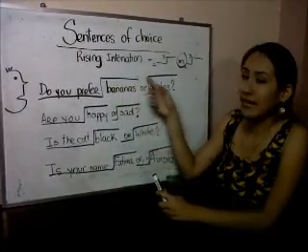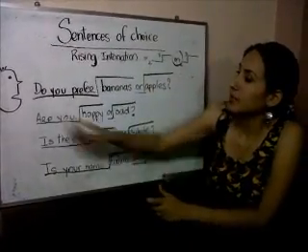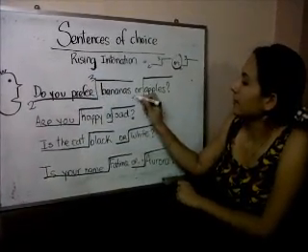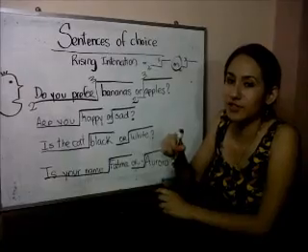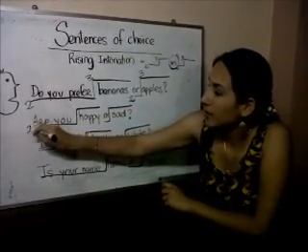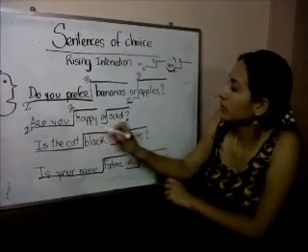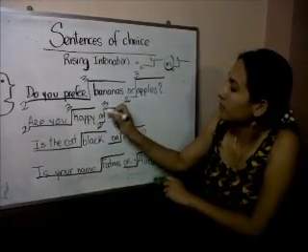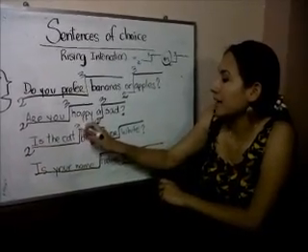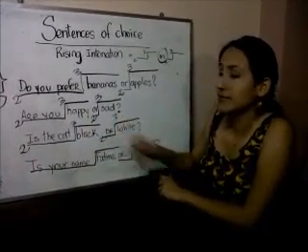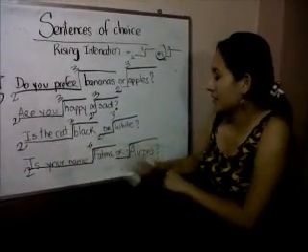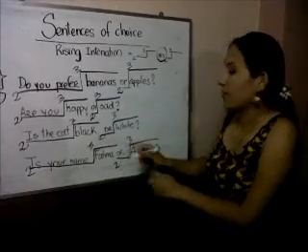Do you prefer bananas or apples? Standard, high, standard and high intonation. Are you happy or sad? Level 2, level 3, level 2, or 3. Is the cat black or white? Is your name Fatima or Aurora?